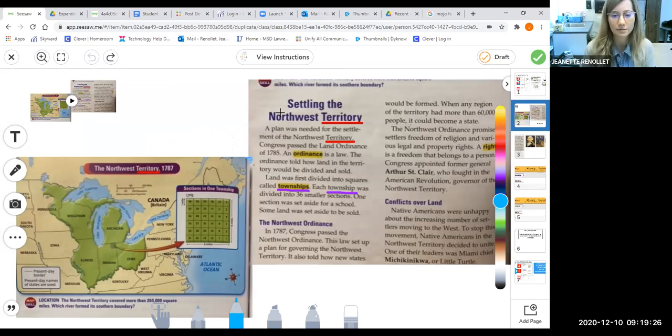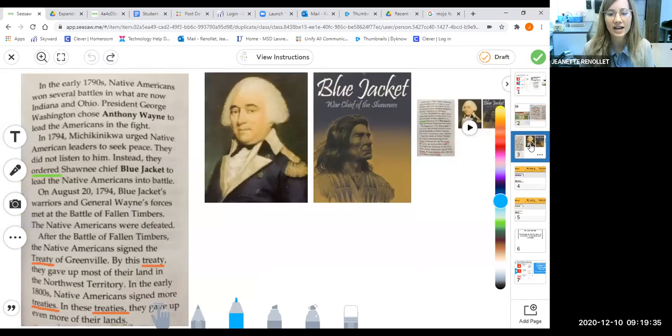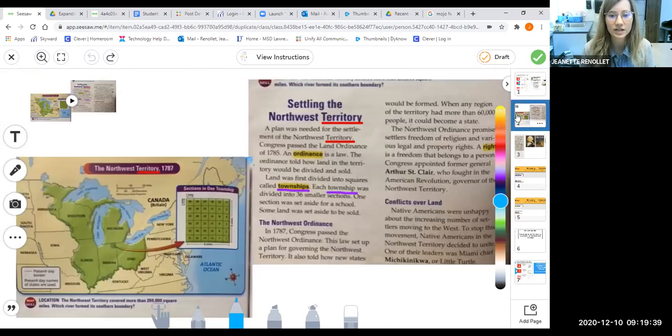The first thing we're going to do is read slides 2 and 3. These are our texts for today. It's called Settling the Northwest Territory. Your first job is going to be reading the text to yourself.